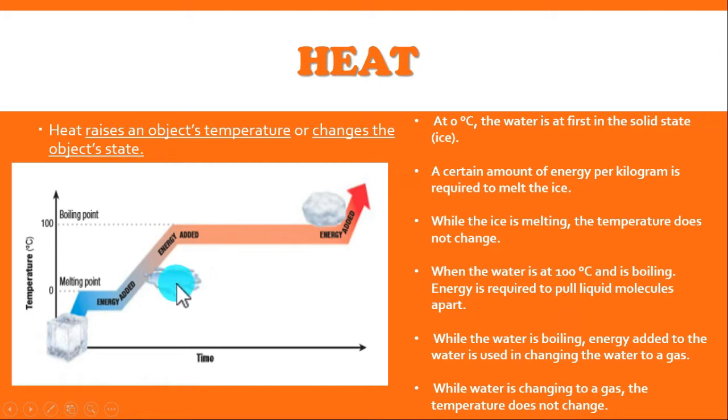It will start to change from liquid to gas. While it's changing, the temperature will not change. Put a thermometer and see. The temperature of it will stay 100 Celsius until all the liquid evaporates and becomes gas.